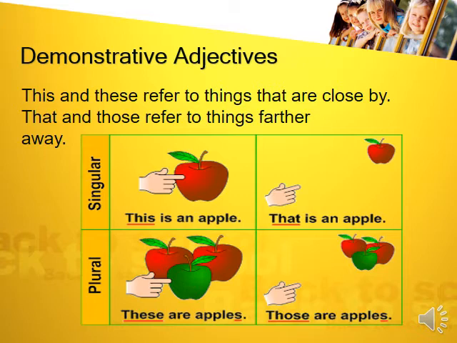Demonstrative adjectives: this and these refer to things that are close by, and that and those refer to things farther away. Here, that, far, and those, the same.